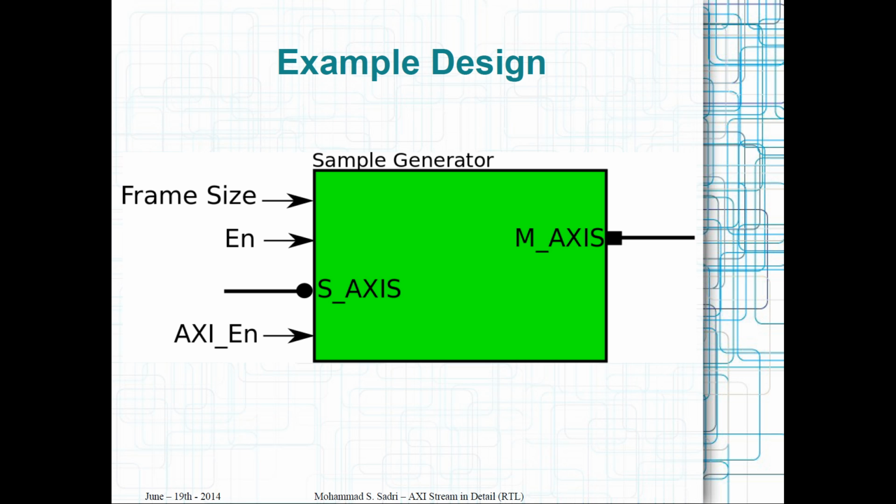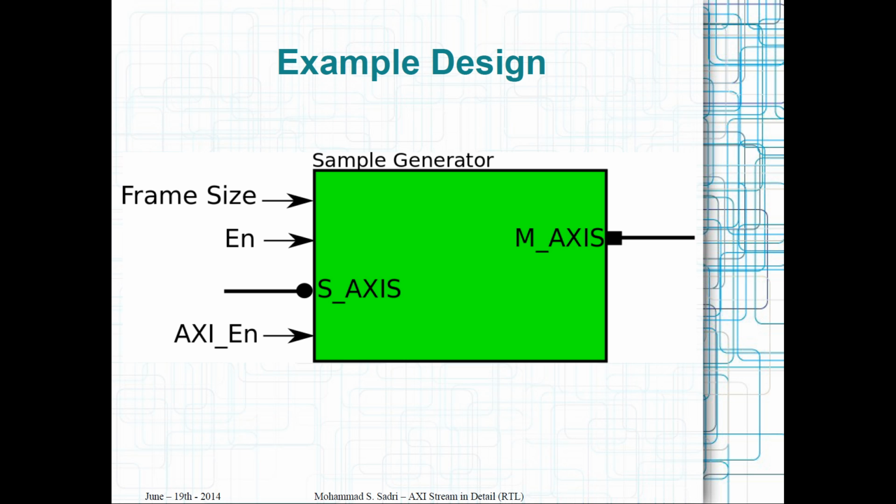And it also has one slave AXI stream interface, and through the AXI_EN port you can control if the output of the AXI port is the output of the counter, or the output of the AXI port is in fact the data that we have received through the AXI port.